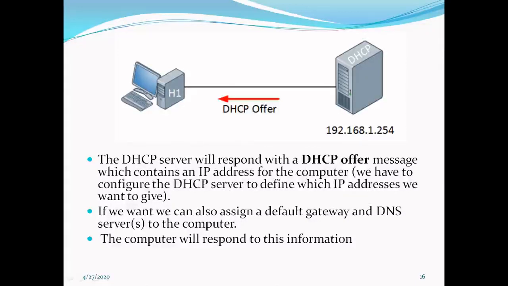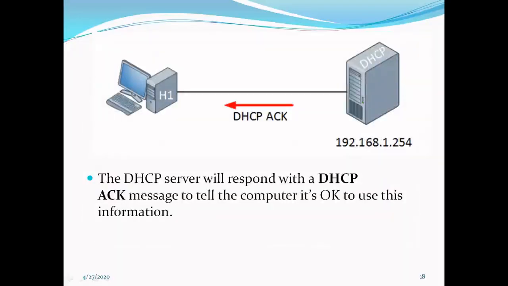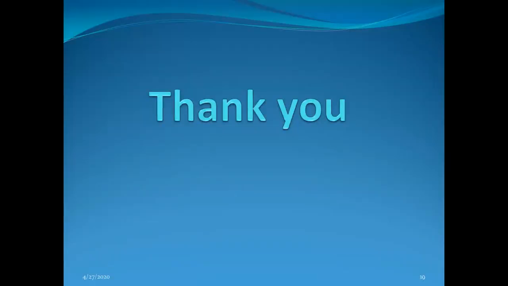The computer will respond to this DHCP Offer towards the DHCP server with a DHCP Request, asking whether this information is okay to start the communication. Finally, the DHCP server will acknowledge the host with a DHCP ACK, or acknowledgement message, to tell it that it's okay to use this information. In this fashion, the host receives its IP information from the DHCP server, and it will also be able to start communication on the network.